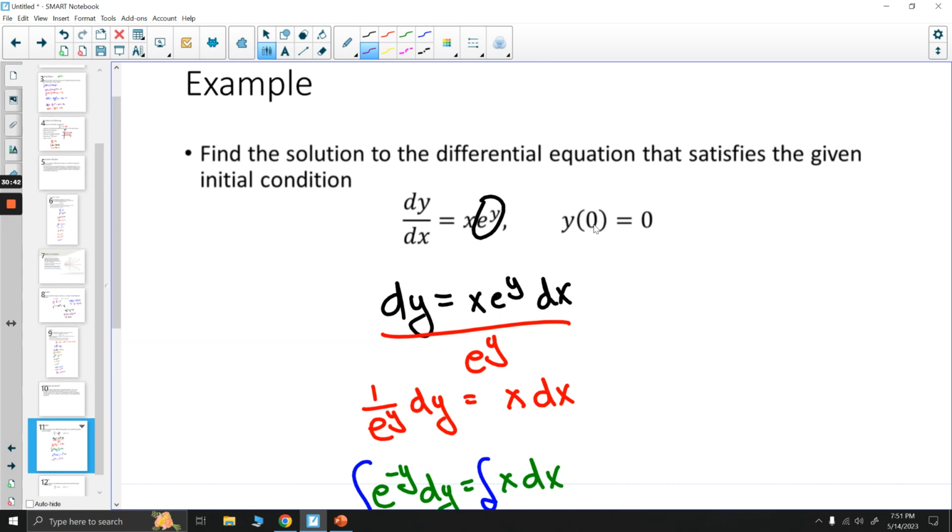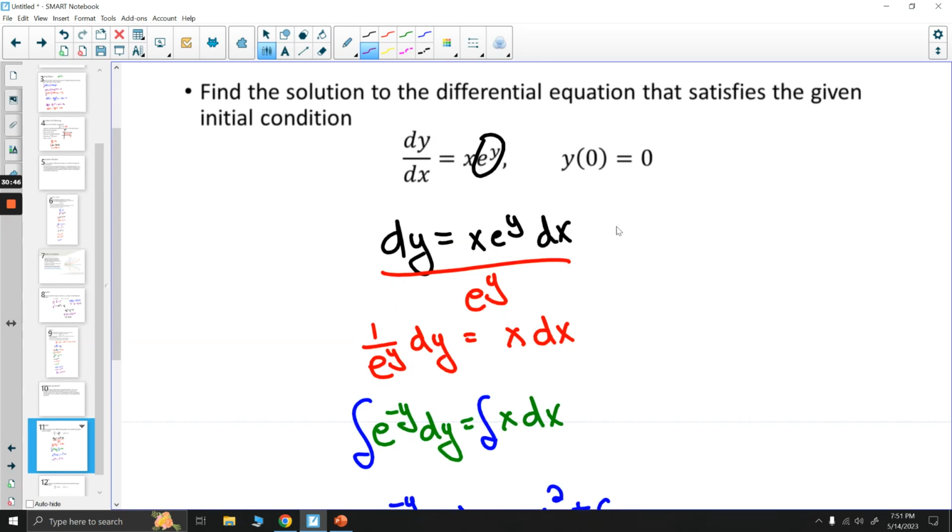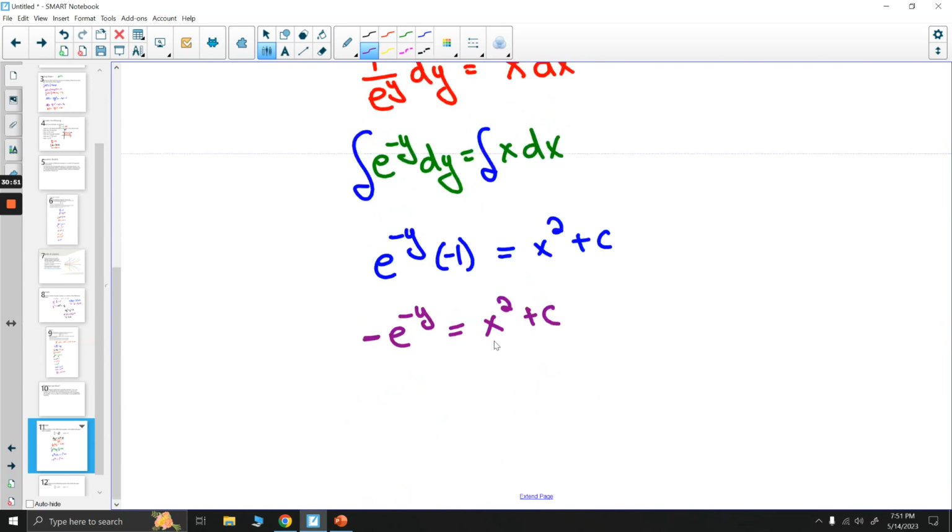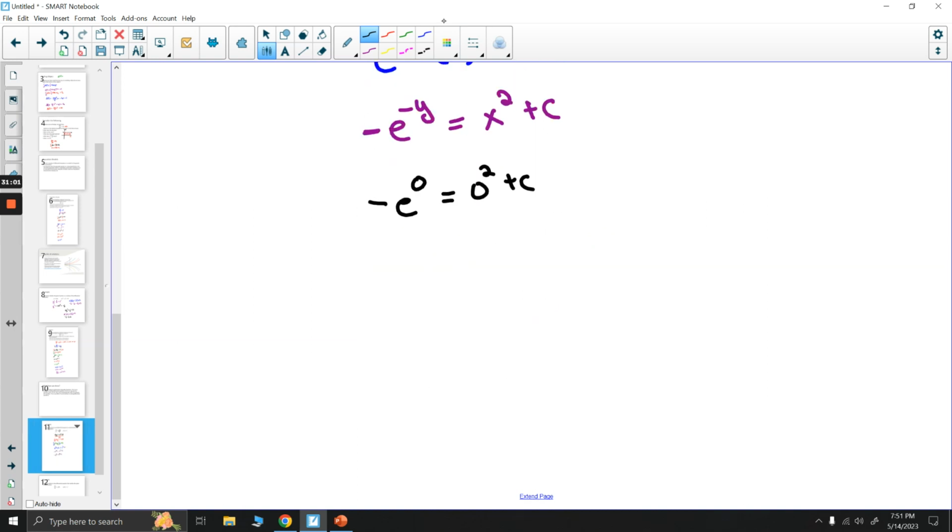We're going to plug in y equals 0, y of 0 is 0. So that is to say when x is 0, y is also 0. So we can plug that in at this stage if we want. So negative e to the 0 is equal to 0 squared plus c. So e to the 0 is 1.